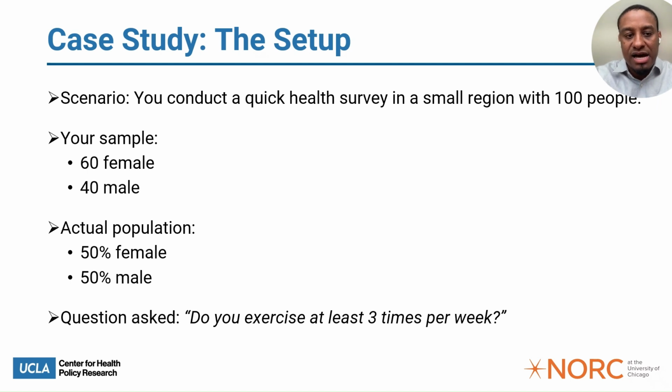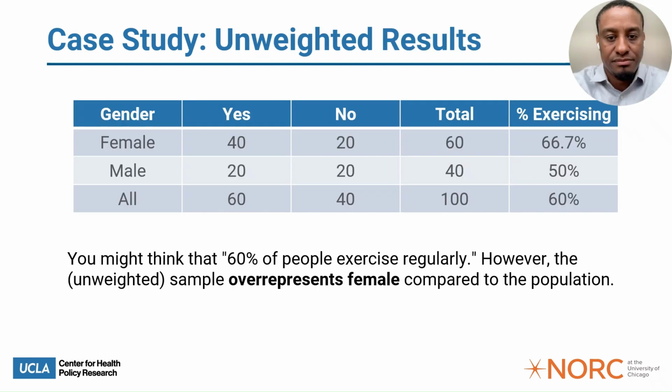In your survey, you ask the following question: Do you exercise at least 3 times a week? First, we are going to review the unweighted result. Among the 60 women in the sample, 40 said they were exercising at least 3 times a week, giving you a 66.7% exercising rate. Among the men, 20 said they were exercising regularly, giving you a 50% rate.